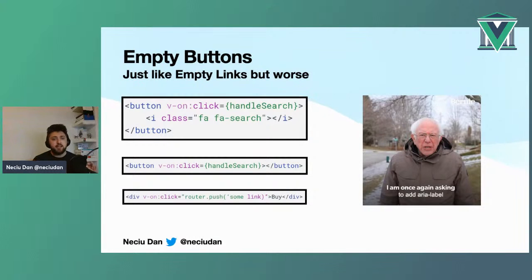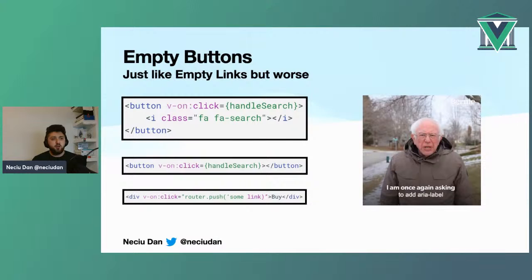If there's no text describing the functionality, screen reader users will not know what it does and will probably never use it, right? So the most common situation that you can encounter is you have search buttons that include only icons, or even worse, that they are designed using pseudo elements like before and after. And this button gives no indication to the user there is actually something there.